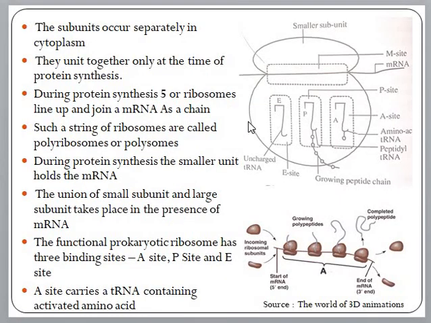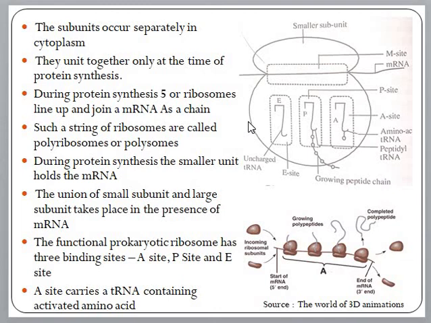When they are not doing protein synthesis, the subunits occur separately in the cytoplasm. They unite together only at the time of protein synthesis, especially in the presence of messenger RNA. Messenger RNA carries genetic information from the nucleus to the ribosome.